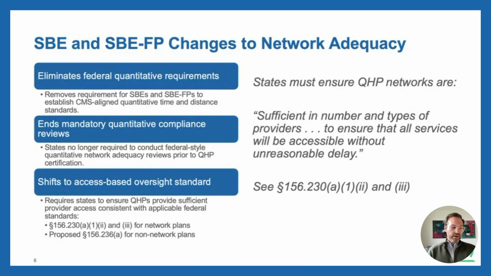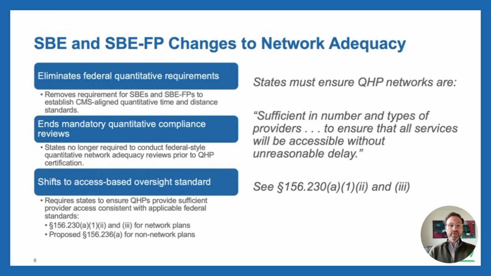So moving from the FFM states to the state-based exchange states, there are changes there. CMS is removing the requirement that state-based exchange states have explicit time and distance standards for QHPs that match the CCIIO standards. And they're moving towards a standard that they had before, where they're requiring states to meet the generalized network adequacy standards found in state regulation, found in federal regulation.